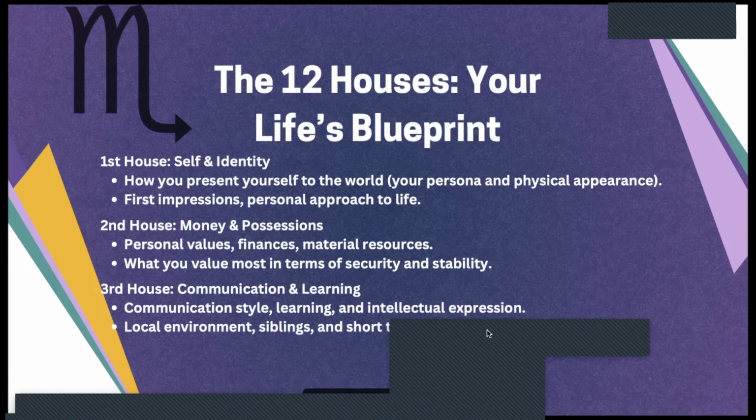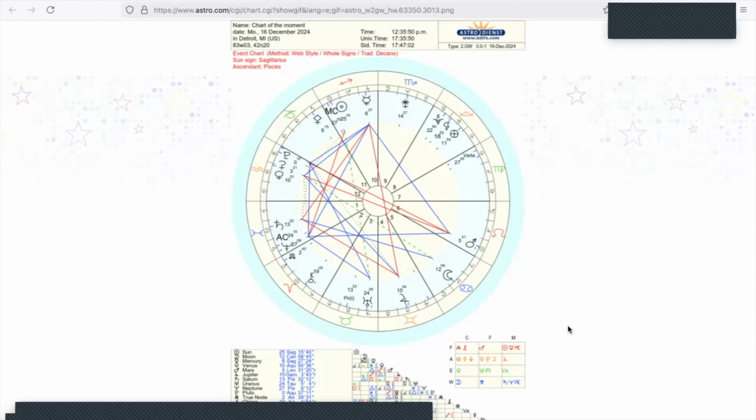Okay, let me give you a glimpse of what these houses look like. So, this is a natal chart. Okay, this is a natal chart. You're looking at the chart of the day that I am reading this. Okay, December the 16th. And here you see these numbers.